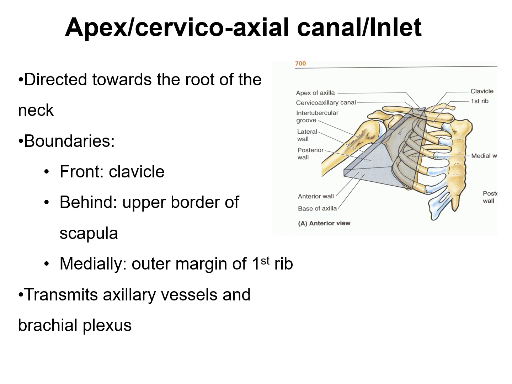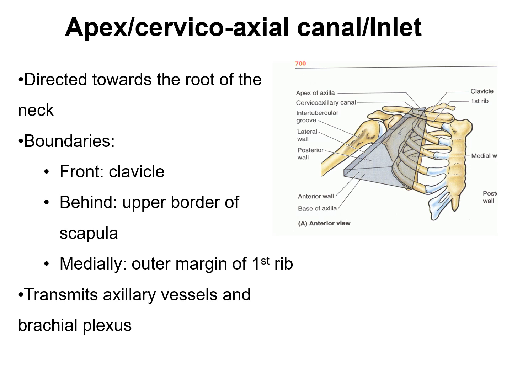So we call it an inlet. So the apex is an inlet. You can also say more specifically the cervicoaxillary canal, because it actually transmits, more like a canal, especially through the axillary sheath, which we're going to see later. So the apex is directed towards the root of the neck.